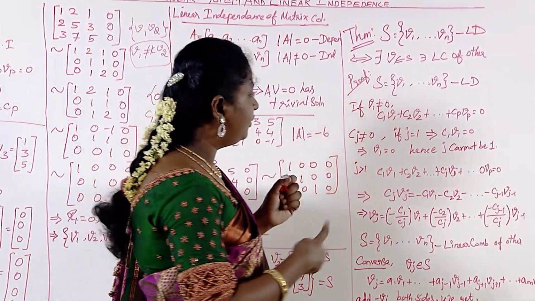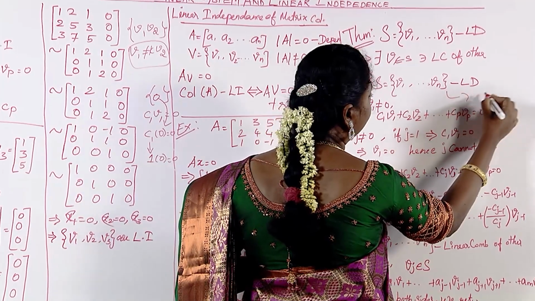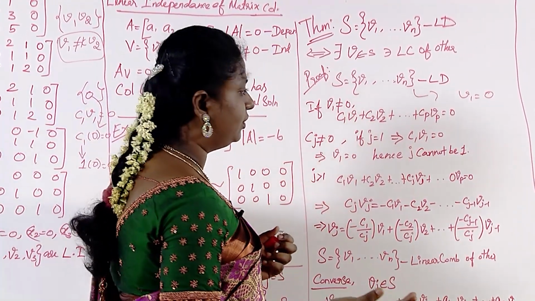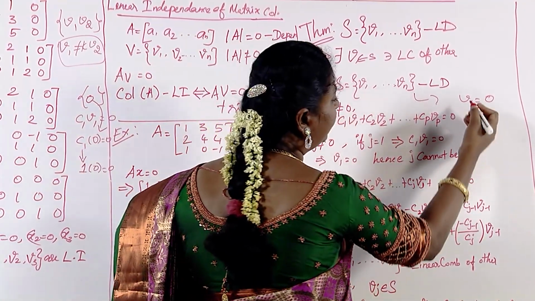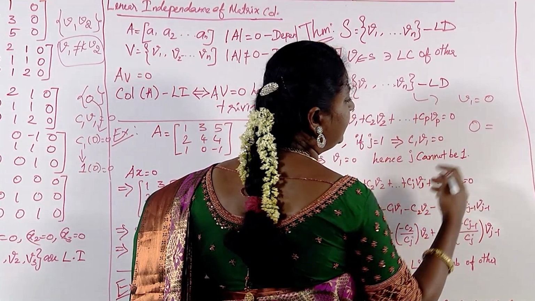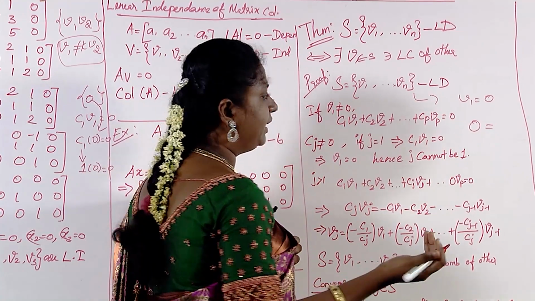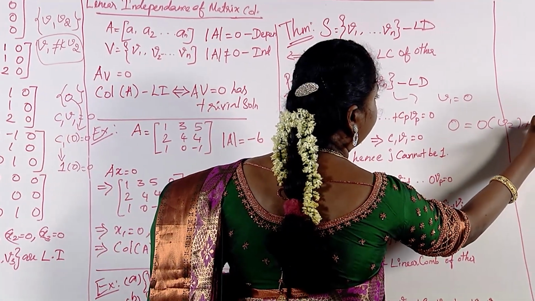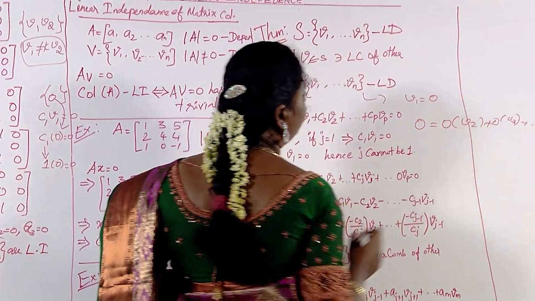For example, if you have at least one element that is equal to 0, let it be V1 equal to 0, then we can very well write the 0 as a linear combination of the other vectors. How can you write it?